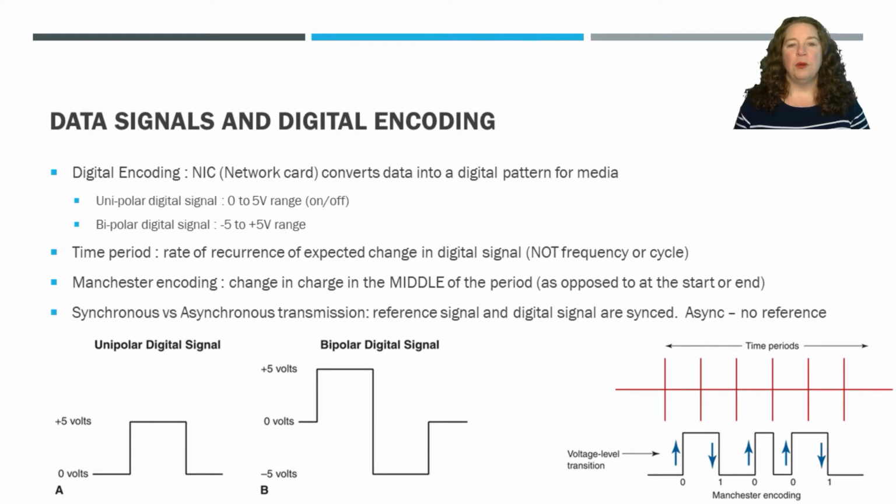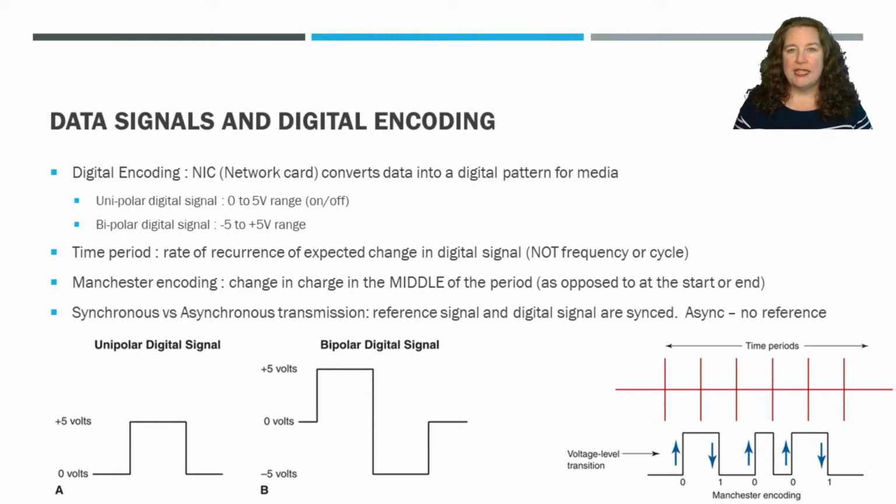You can also have what we call a bipolar digital signal, which is from a -5 to a +5, and it can go back and forth in this direction. If you have ever converted a decimal number into binary, we are converting into bits. We're converting into on and offs, yes or no's, 0 or 5-volt, -5, +5.